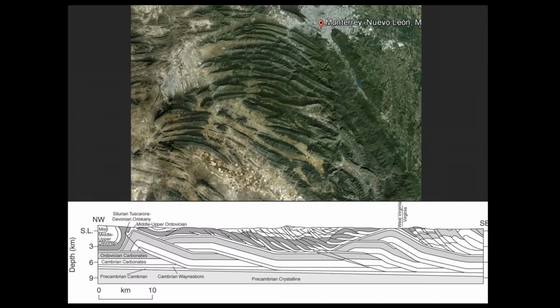I forgot when I found this, I didn't have a cross section of this thrust fold belt. But you can see how this cross section would look very similar to what you see right here. But yeah, this thrust fold belt cross section is actually from within the United States at the West Virginia border.